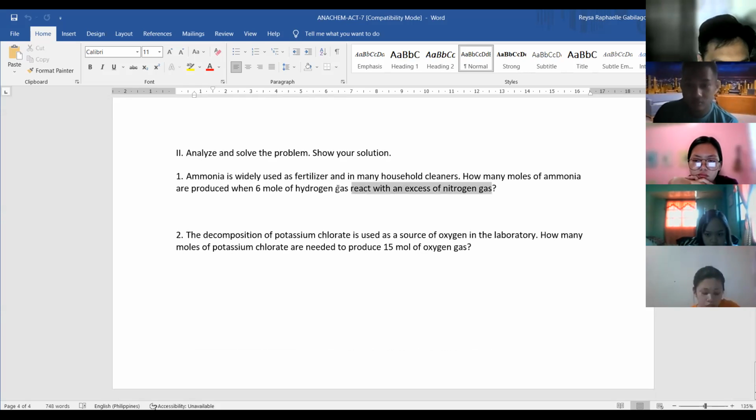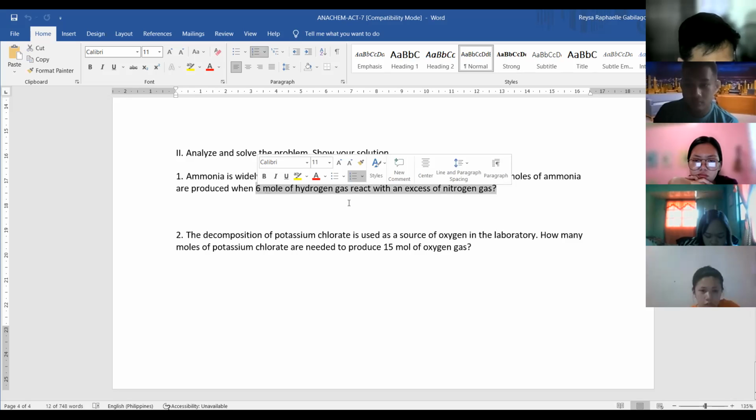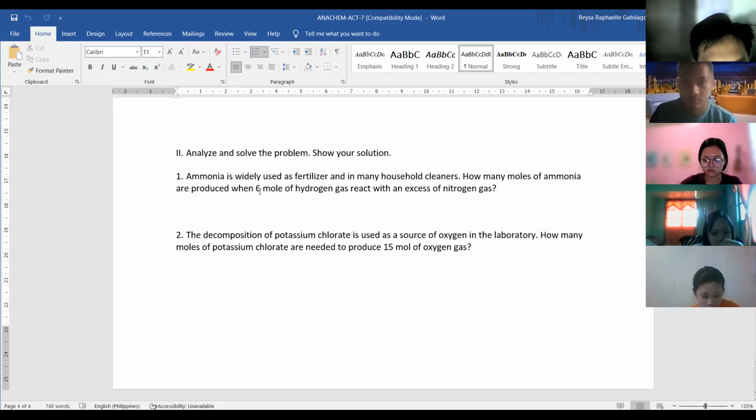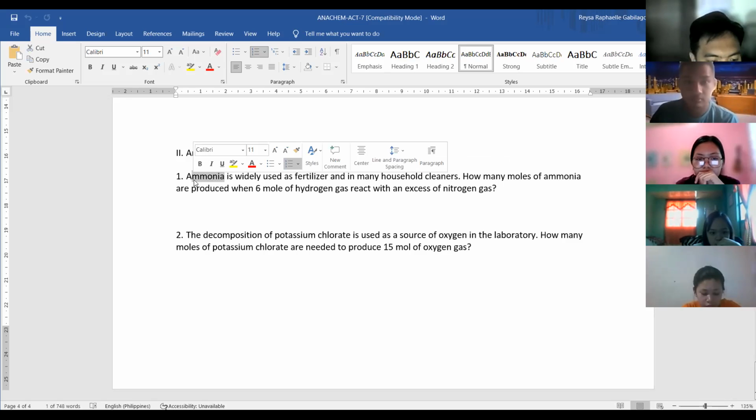So you have to read and understand the problem, which of the given are the reactants, and alin yung product or products kung marami. So pag ma-identify nyo na yung reactant and yung product, you may balance the equation and you may proceed with the solving. Okay, given ito dito, 6 moles daw ng hydrogen gas ang gagamitin, gaano daw karaming moles din ng ammonia yung mapuproduce.